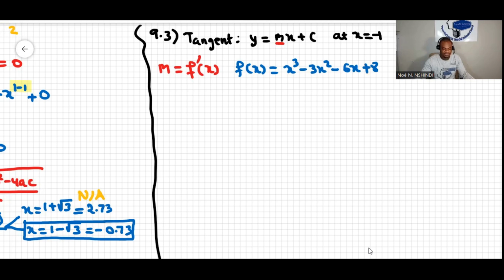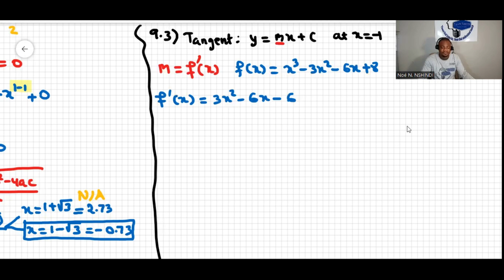That's f of x. So f prime of x, we did also calculate previously, and we found it was equal to 3x squared minus 6x minus 6. Okay, so now this is the derivative of the tangent line.